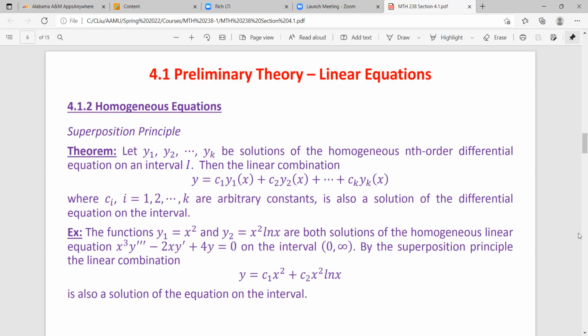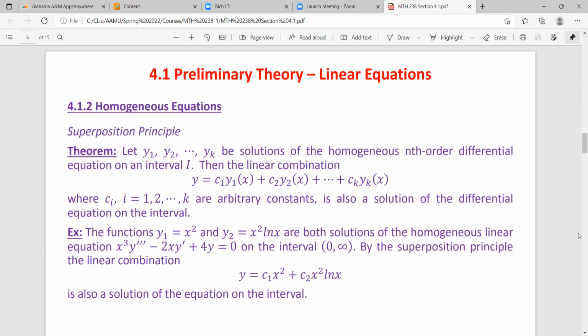You call this the linear combination of those k solutions. Then that will also be a solution to the homogeneous differential equation.